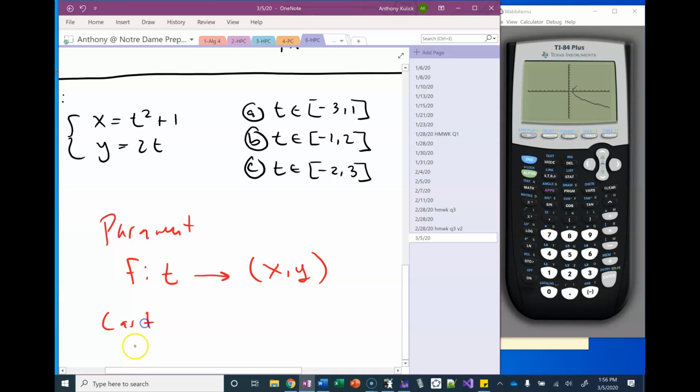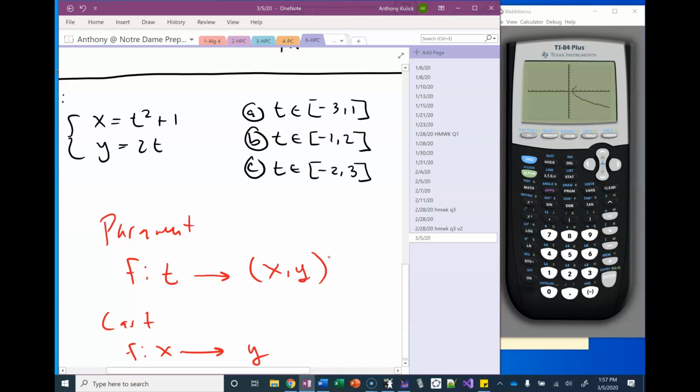In the Cartesian form, our function took a variable x and mapped it to a variable y, right? So here, in parametric form, even if our x's and y's fail a vertical line test, this is still a well-defined function because t is only mapping to a single point, right?